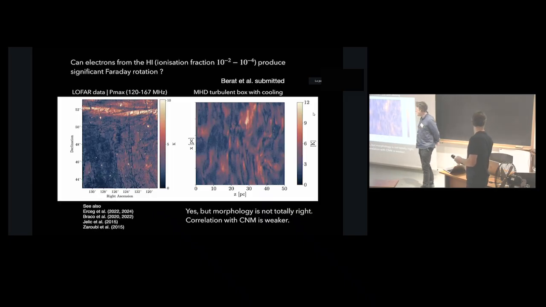Well, I didn't have time to go into the details of that. The conclusion is that at this low frequency of LOFAR, we see Faraday rotation coming from the thermal electrons that are associated with the HI. That's our claim. With an ionization fraction of 10 to the minus 4 to 10 to the minus 2, which is the typical ionization fraction of the HI, there's a lot of HI, so there are enough electrons in this component to create the amount.